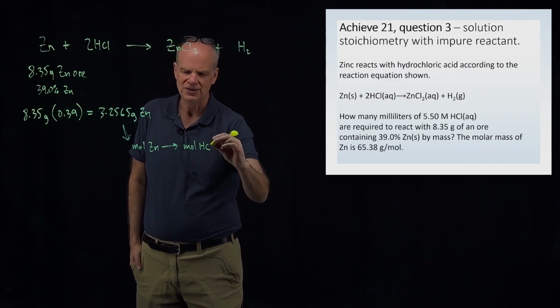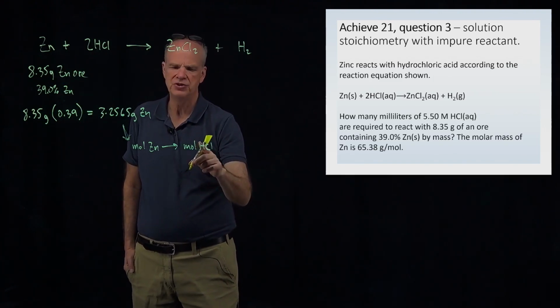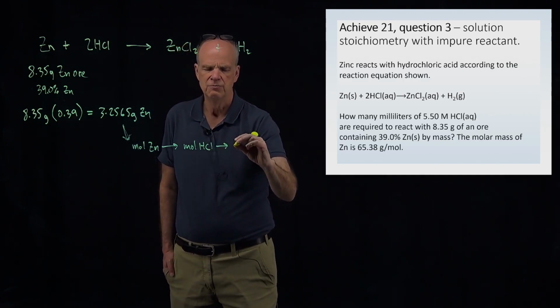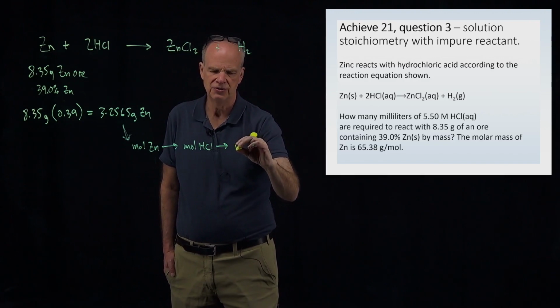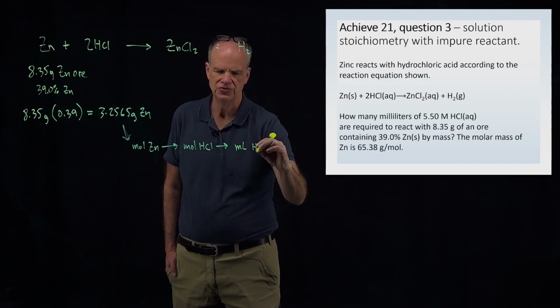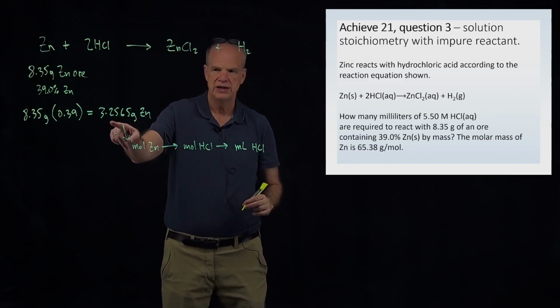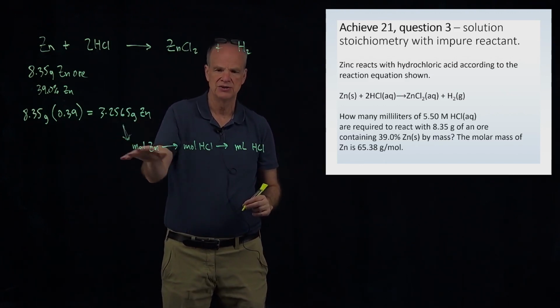All right, and then the final step is a little interesting. You have to take moles of HCl into milliliters HCl. And I will show you how to do that. It's kind of an interesting step. All right, so let's go ahead and take this mass of zinc metal and go through these steps.